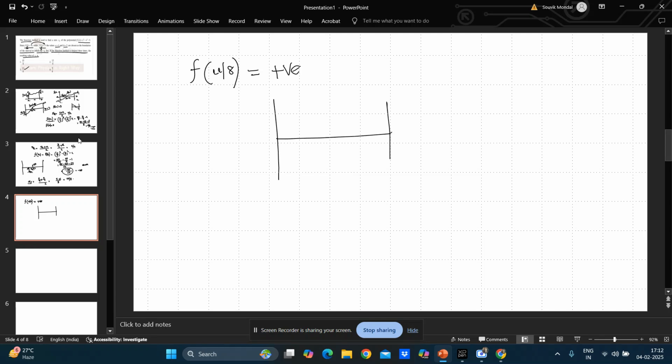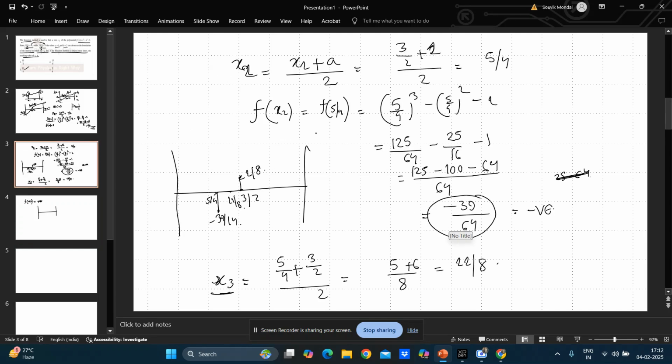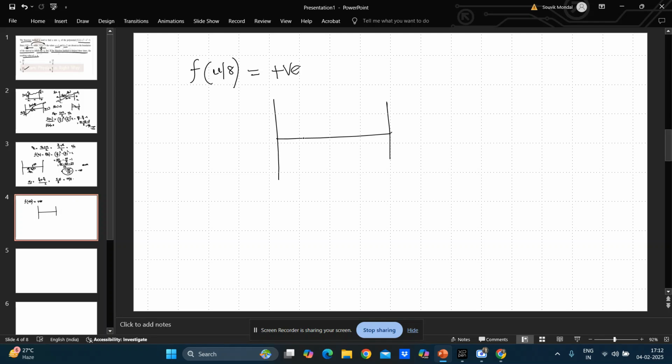In the previous case you calculated f(5/4) and got a negative value. If f(11/8) is again positive, the root lies in between these two. So the fourth iteration will be (11/8 plus 5/4) divided by 2.